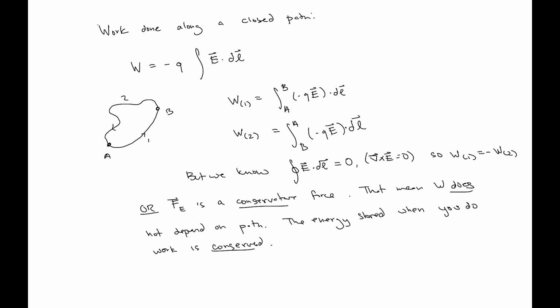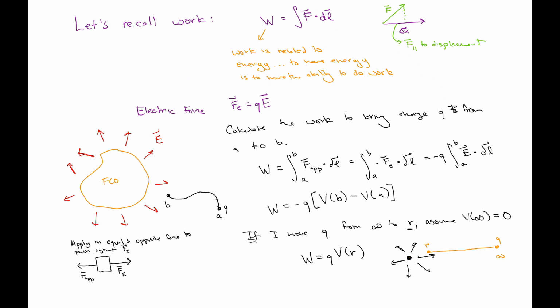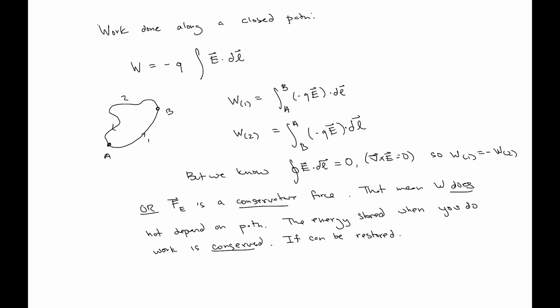It's not lost to dissipative forces, like friction, where the energy is lost to thermal energy or heat. So that should make sense. If I'm going to move this object from A to B, it shouldn't matter what path I take. I'm still going to load this system, which is Q and my funky charge object, with the same amount of energy.